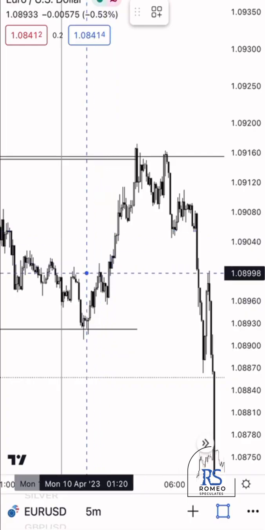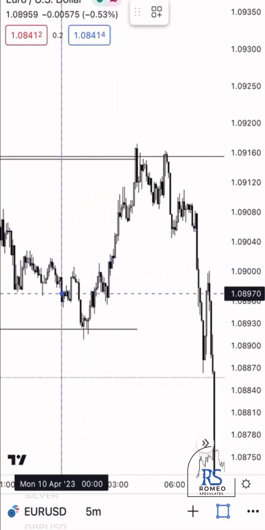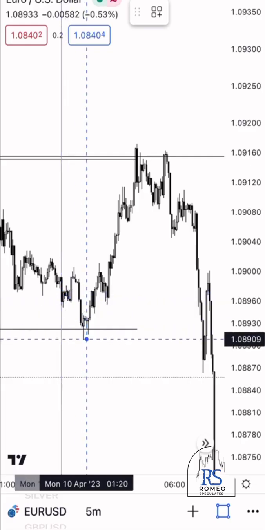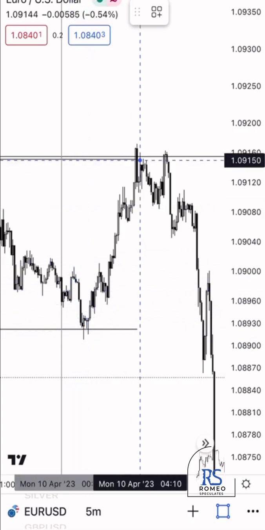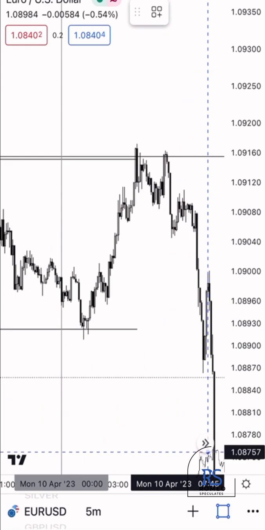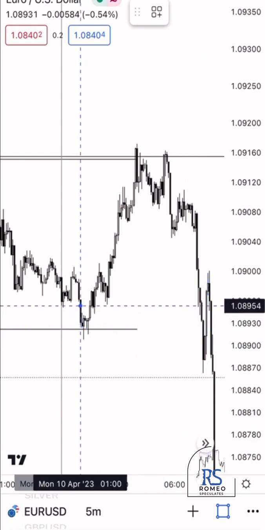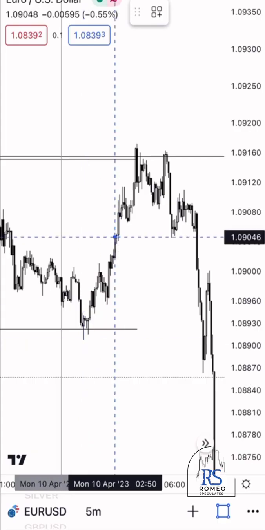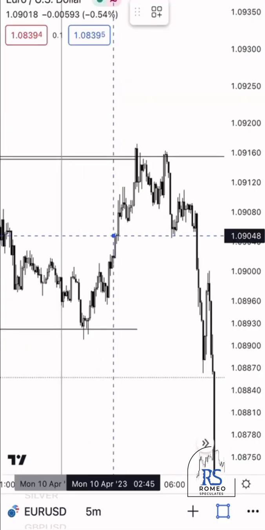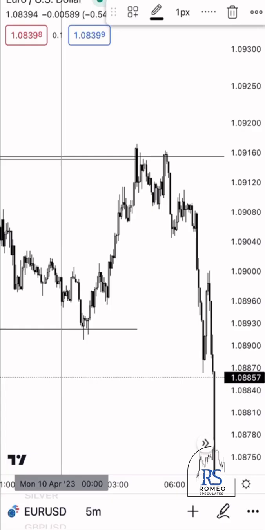The shape: opening price, opening time, stop hunt, accumulation over here, manipulation, accumulation over here, manipulation, distribution. That was a cycle within a cycle, so accumulation, manipulation, distribution, right?